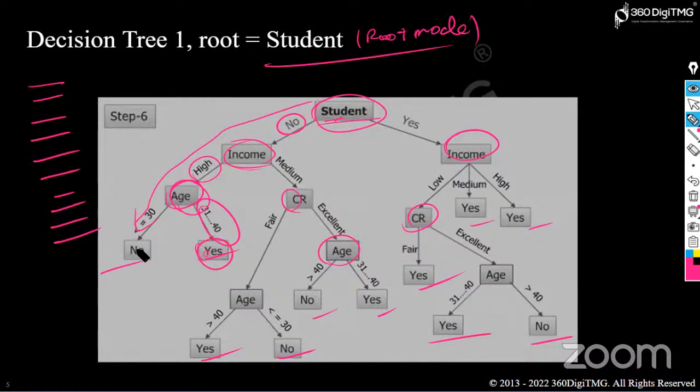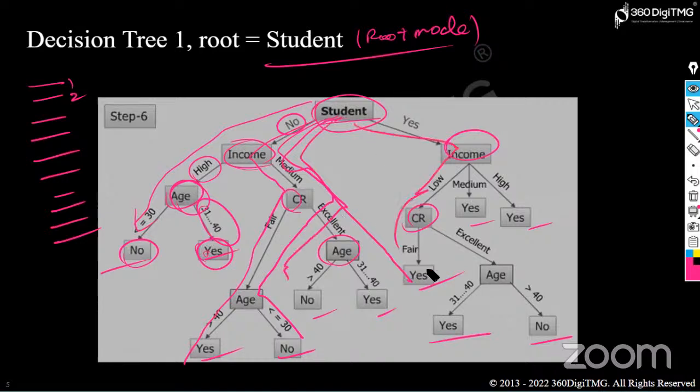If he is less than 30, then he will not be buying. So there are two steps here. Now again, if his income is medium and the credit rating is fair and the age is greater than 40, he is going to buy. So this is one path. And this is one path. And this is one path.